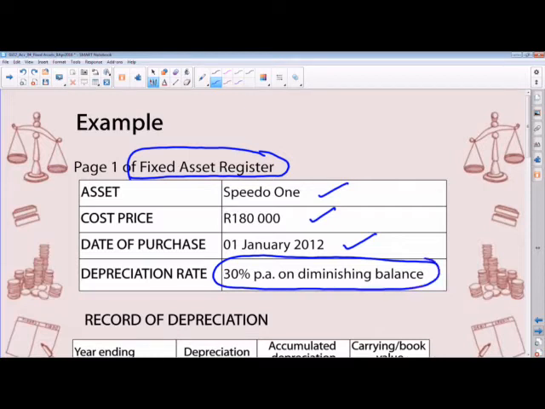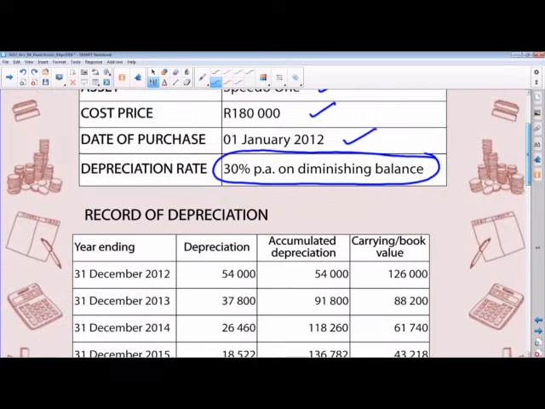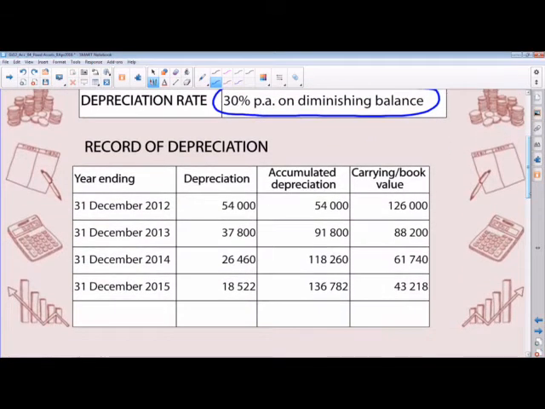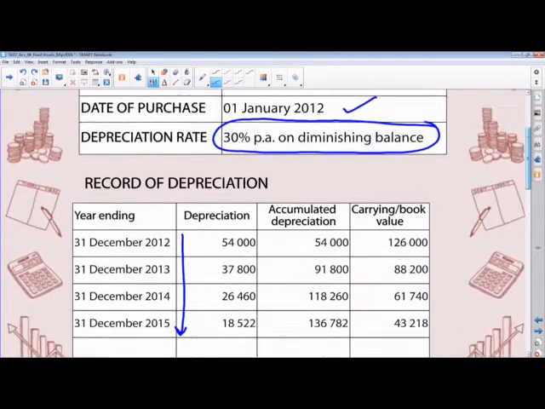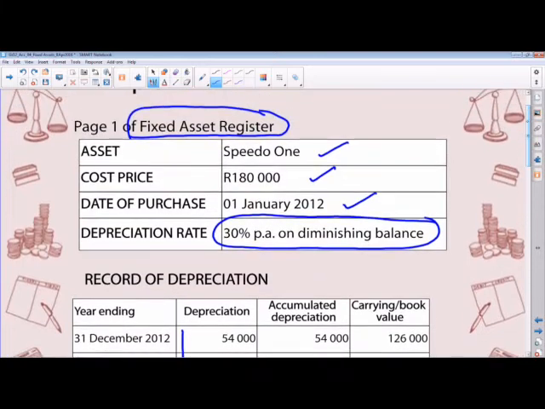Now, if we look at the fixed assets register, what you can clearly see is that as the years have progressed from the time we purchased the asset until the current date, what has happened? Yes, the asset cost us a total of 180,000 Rand, which was the original cost price.